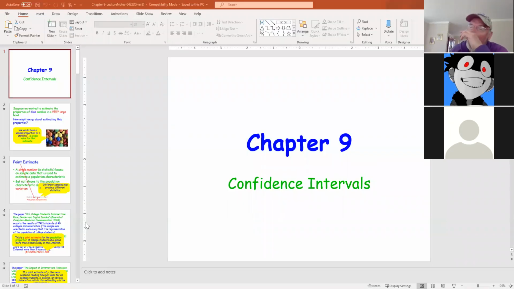Okay, so what we're going to do for the rest of the semester is we're going to start to think about confidence intervals, okay? And confidence intervals are a way of inferring something about an estimate. When I say an estimate, I'm using maybe X bar. Another estimate might be P hat.